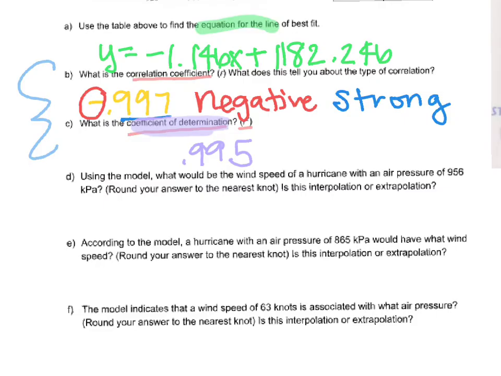So now, for parts D, E, and F, and then G, which you don't see G on mine, but you do see G on yours, so I'll write it in a second. D says we're going to just use the equation that we have from part A. So all of these right here, every single one of them, the next 4 requires information from part A. Using the model, what would be the wind speed of a hurricane with an air pressure of 956 kPa.